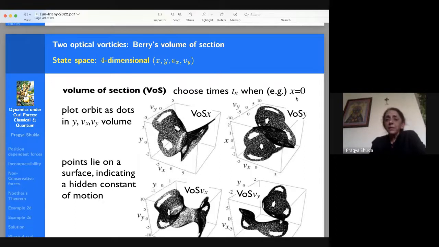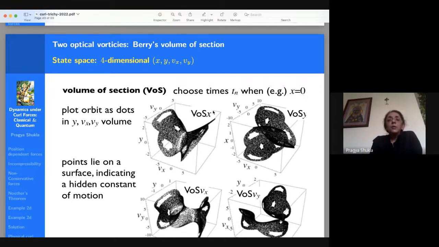If we fix, for example, x equal to 0, every time x is equal to 0, we look at the other coordinates at that time and keep track of those variables. So we plot the corresponding variables y, vx, vy, and it turns out to be a 3-dimensional space, which we call the volume of section.